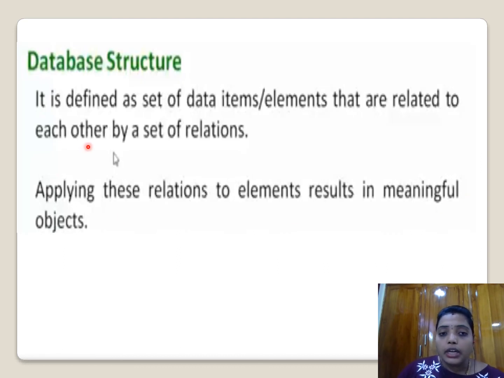Now let us see the definition of a database structure. It is defined as a set of data items or elements that are related to each other by a set of relations.